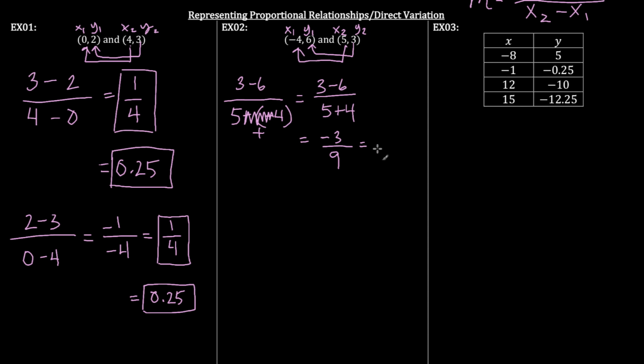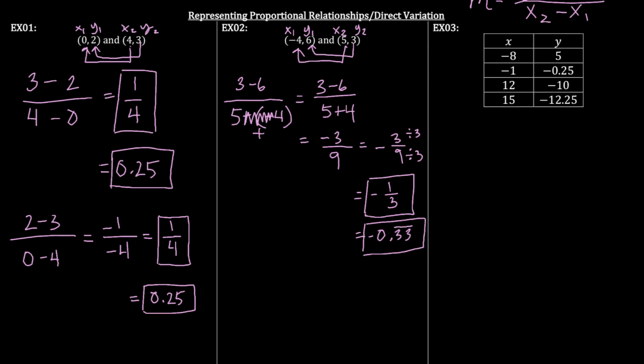And then I can divide the numerator and denominator by 3. So I get negative 1/3, which is negative 0.33 repeating. To show it's repeating, we put the bar over it.